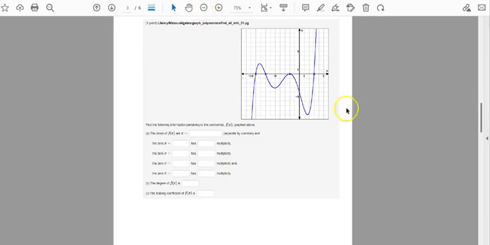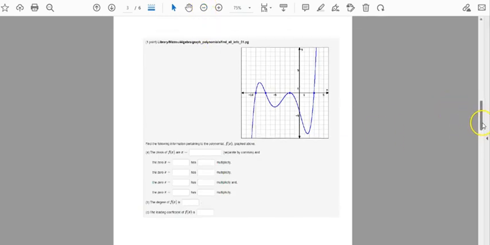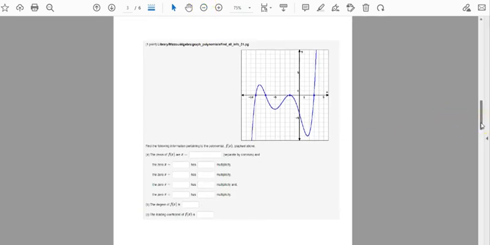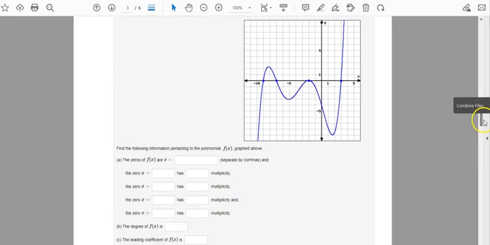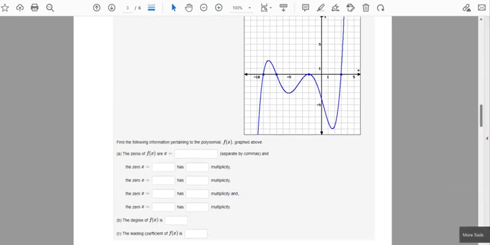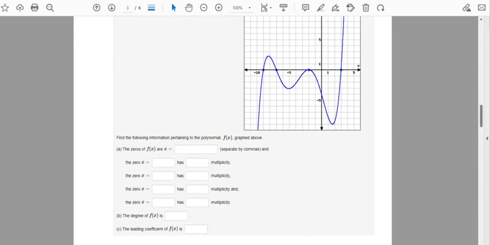Okay, try it again. I'm hoping to get it all in one frame. Okay. All right, that should be good enough.